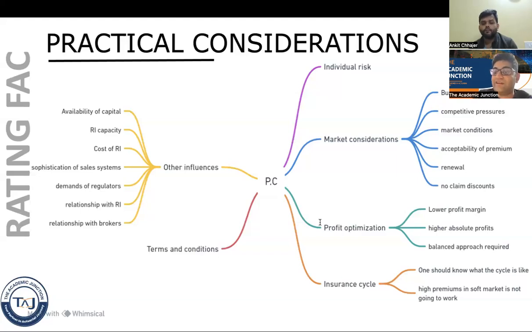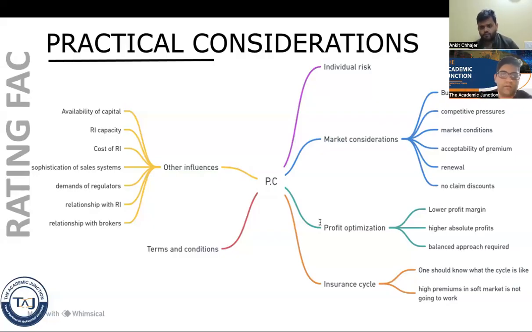Just because reinsurance is available does not mean that everything is done and dusted, right? The premium has to be payable by you. If they say that the premium is equal to the premium that you collected from the insured, it doesn't make any sense for you to even take reinsurance from that reinsurer, right? So cost and availability are two different points. If you just write reinsurance, it will be 0.5 marks. If you write cost and availability of reinsurance, it is 1 mark.